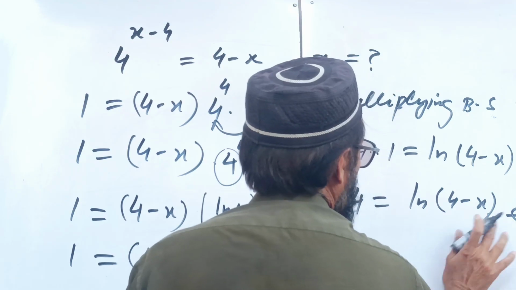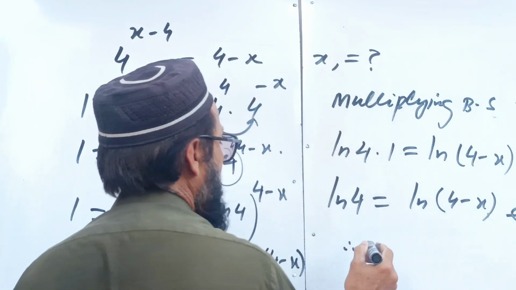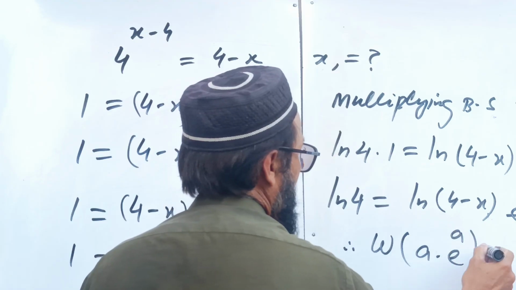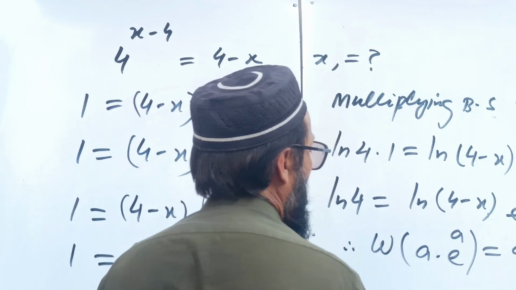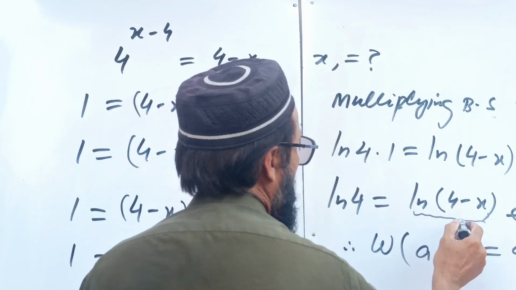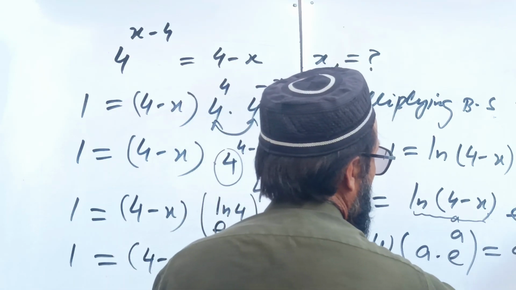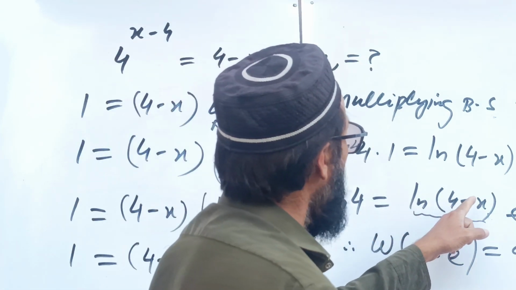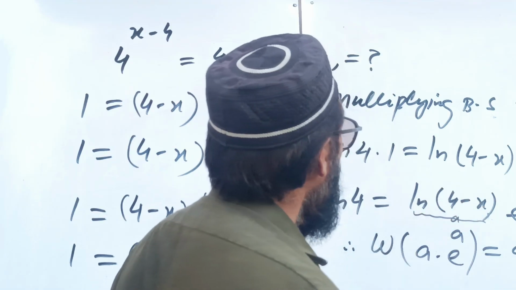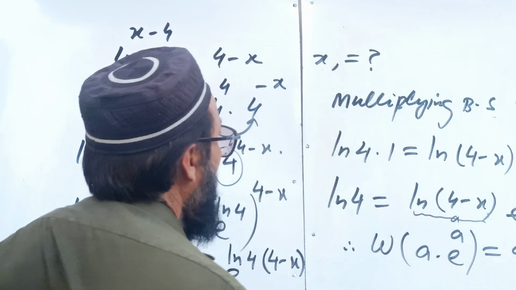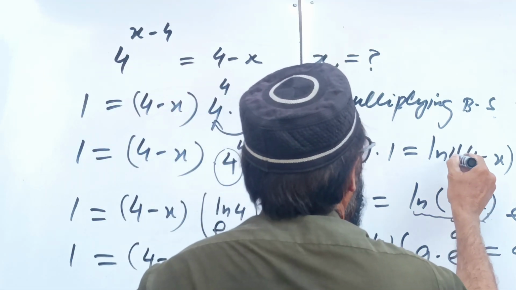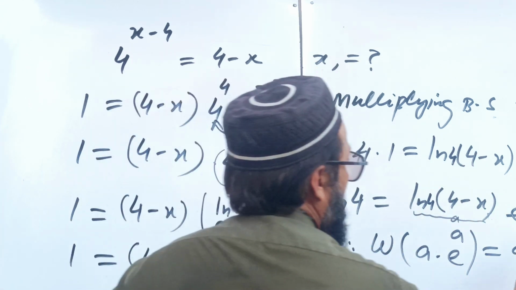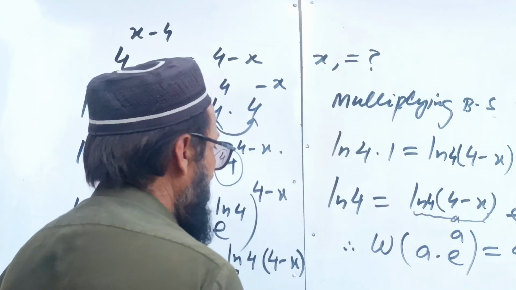Now we can use the W Lambert function. We know that for the W Lambert function, a times e exponent of a is equal to a. Now we consider this term is a, and this is also a, according to the W Lambert function.